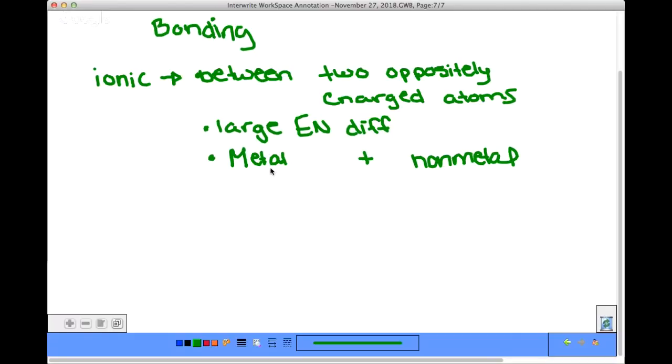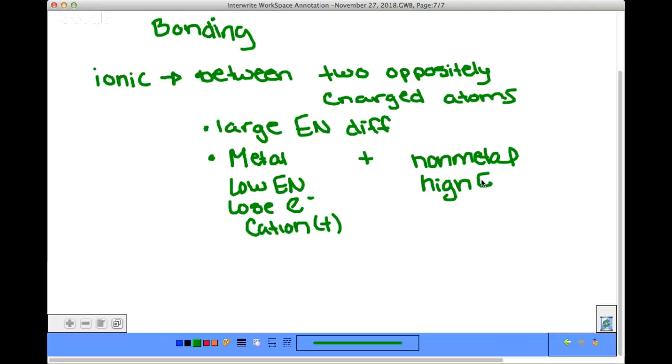So a metal is going to have a low electronegativity, and it's going to lose electrons, which means that if it loses electrons, it's going to become a cation or positively charged. A nonmetal, on the other hand, has a high electronegativity, and it's going to gain electrons. And it's not just going to gain electrons, it's going to steal them from the metal, and it's going to be an anion, and that's going to be negatively charged.